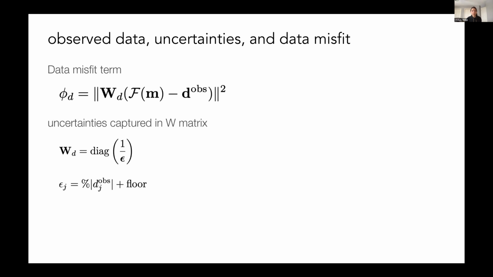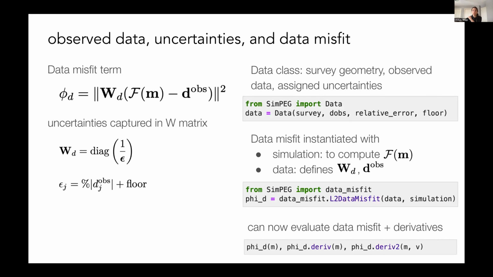So now we want to translate this to code. And so what does that look like in SimPEG? There are 2 pieces that we use to construct what we need here. The first is the data class. The data class is going to keep track of our observed data, so this DOBS vector, and the survey geometry, so that we know what each datum means, which source and receiver it's associated with, as well as uncertainties.